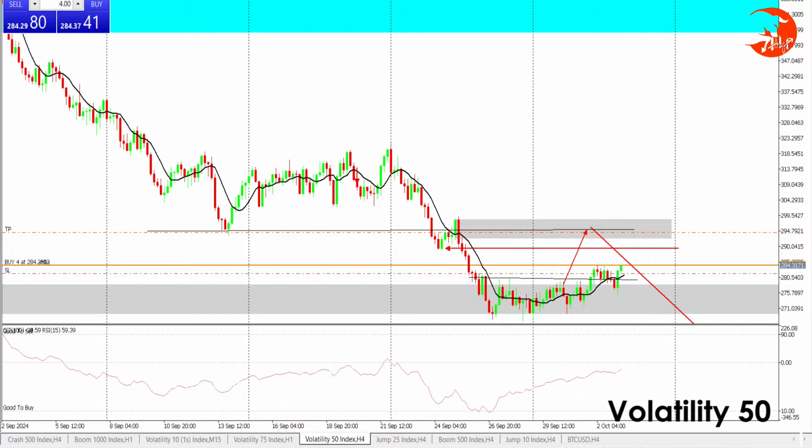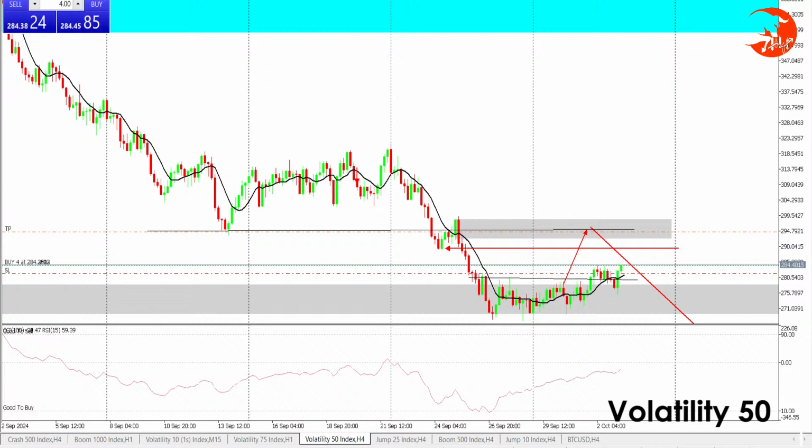Let's see what is here. 1 to 2. Okay, not bad, as long as it's not a 1 to 1. As long as it's not a 1 to 1, I'm okay with it. Yeah, 148. All right, so that is it.